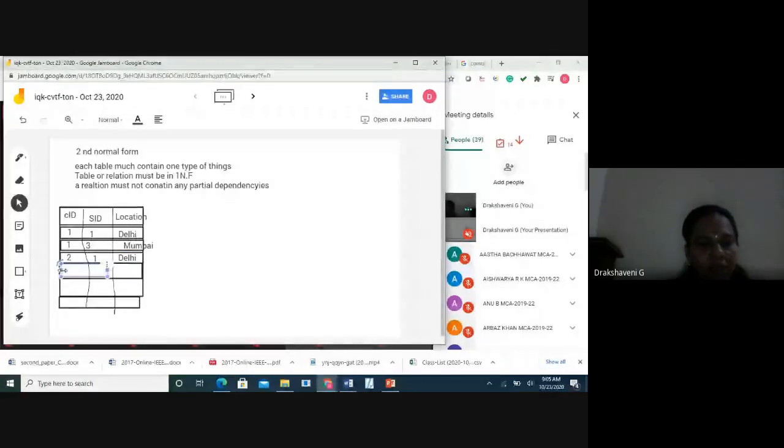One more, customer ID is 3, store ID is 2, and that is Bangalore.